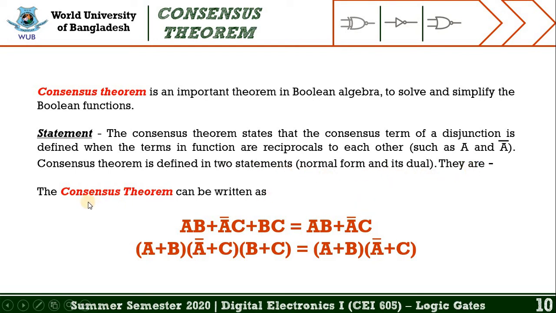The consensus theorem can be written as A and B, or not A and C, or B and C, is equal to A and B, or not A and C. Another one: (A or B), (not A or C), (B or C), which is equal to (A or B), (not A or C).